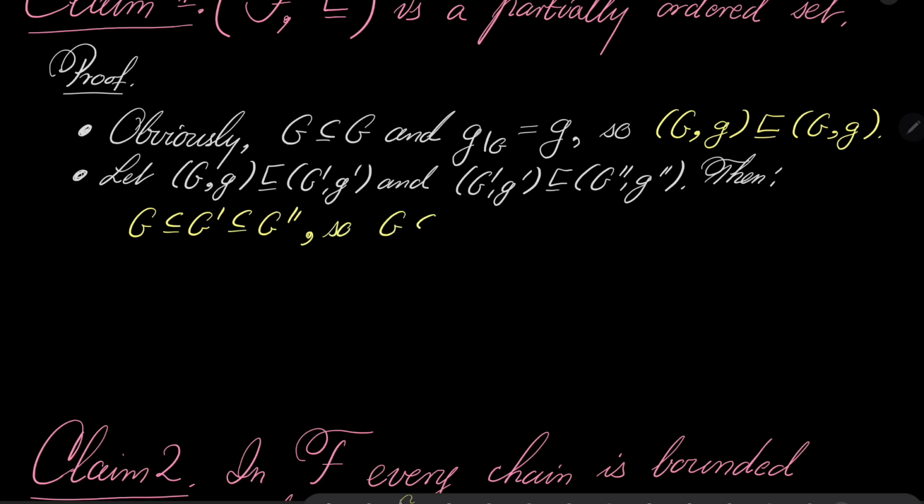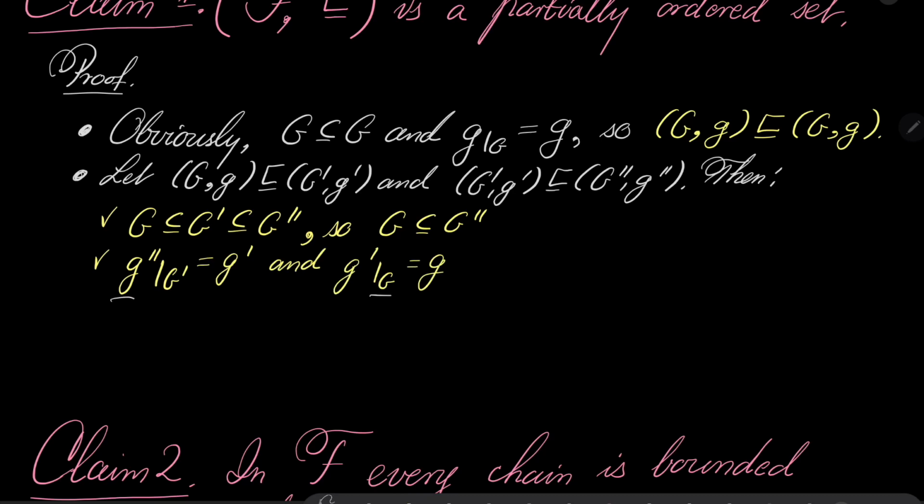So G is a subset of G double prime. But second thing, G double prime restricted to G prime equals G prime, and G prime restricted to G is G. Now, what happens if I restrict G double prime just to G? Well, since G is a subset of G prime, it is the same as G prime restricted to G, but G prime restricted to G is G.